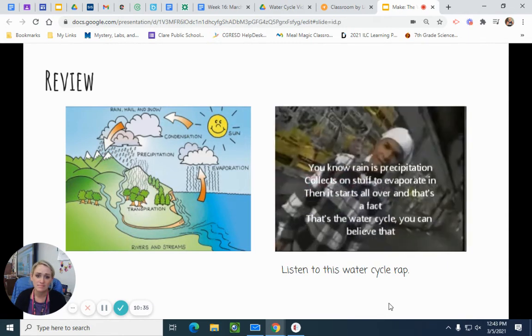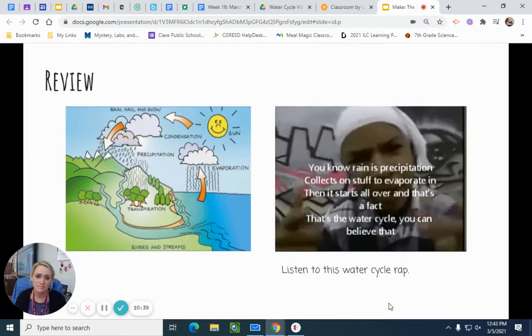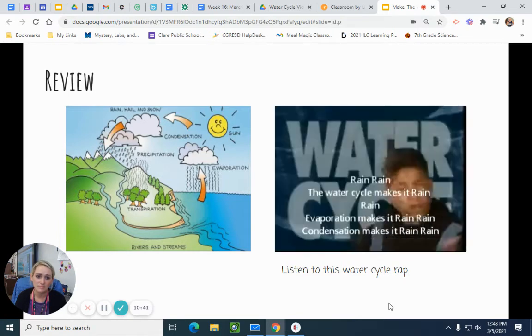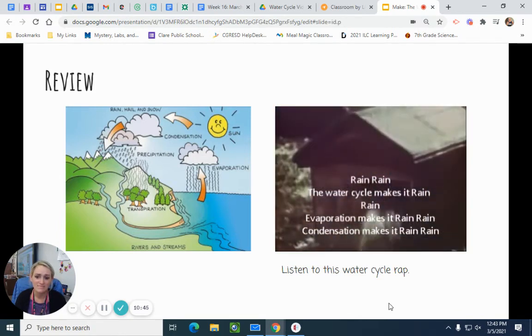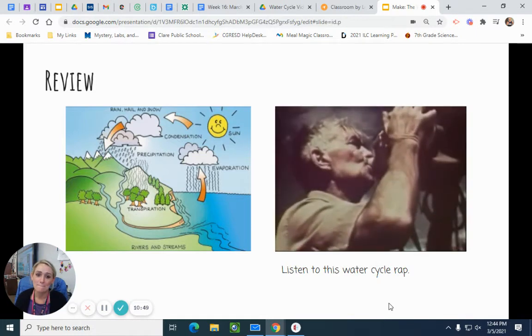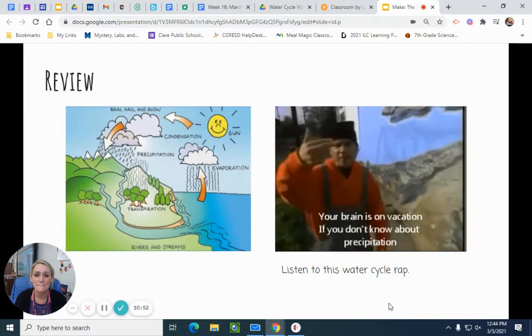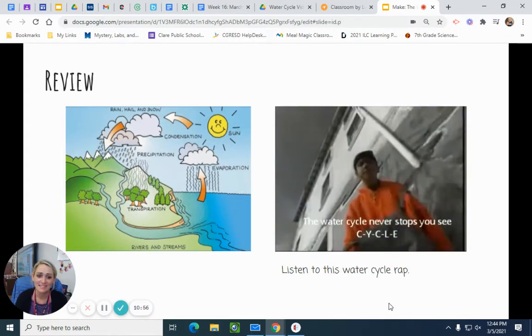Collects and starts to evaporate, then it starts all over, and that's a fact. That's the water cycle, you can believe that. Your brain is on vacation if you don't know about precipitation. The water cycle never stops, you see.